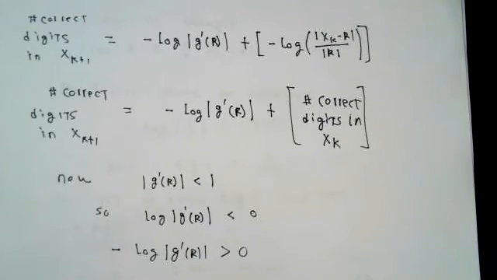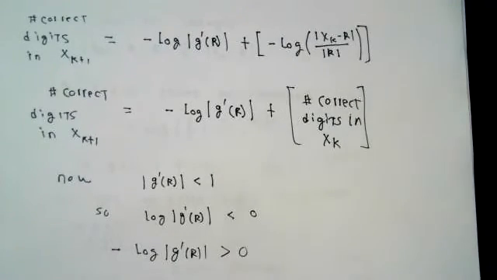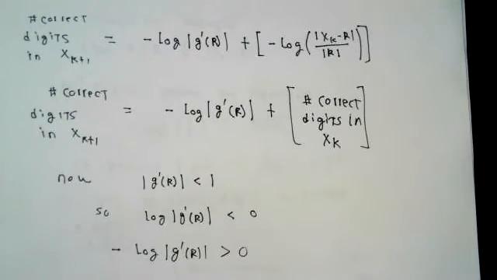Now, at first glance, that's very troubling because it looks like I'm taking the number of digits that were correct in x number k and adding in a negative number, which would be a disaster. That would mean my new x is less accurate than my old x, but this is an optical illusion. The absolute value of g prime of r is less than 1.